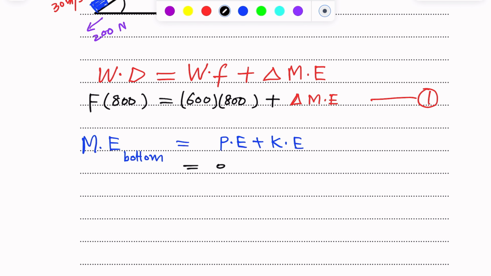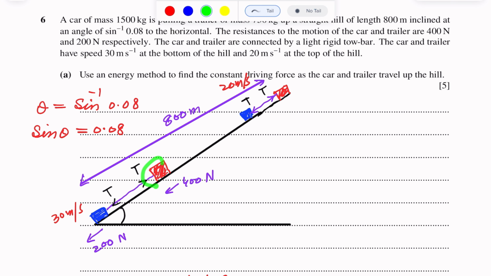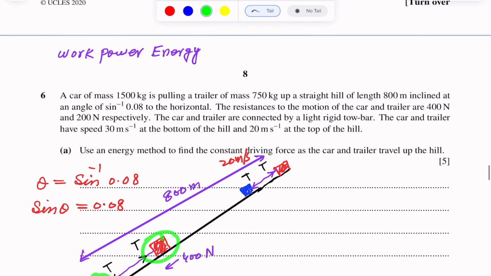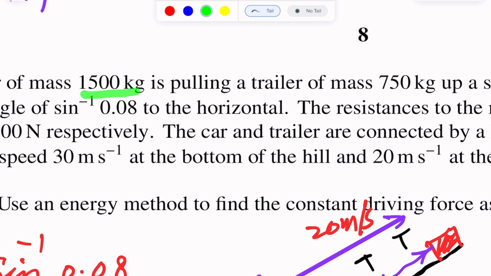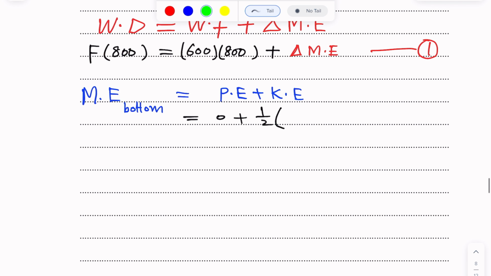Kinetic energy is 1 over 2 mv square. We will add the mass of both the car and the trailer. Mass of the car is 1500 and mass of the trailer is 750 kg. After adding, we get mass 2250 kg.